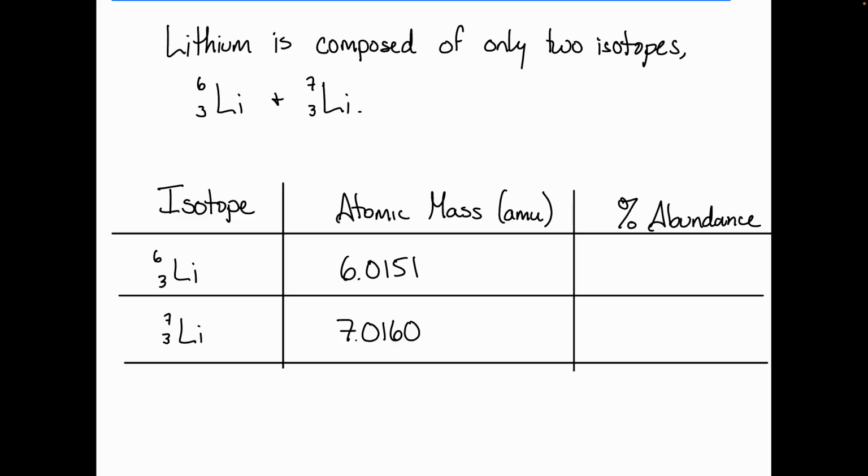All right, notice how the atomic mass of an isotope is very close to its mass number, but it's not identical. All right, this is if we actually busted out our supersensitive balance and measured the mass of that atom, what it would be. It's pretty close to just the sum of its protons and its neutrons, but it's not exact.